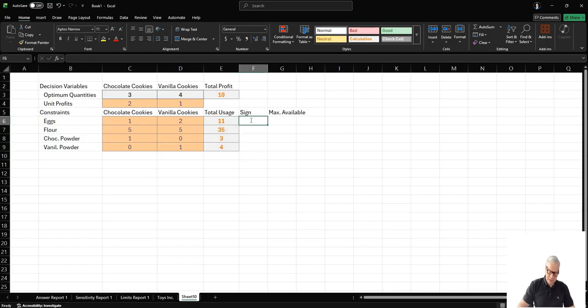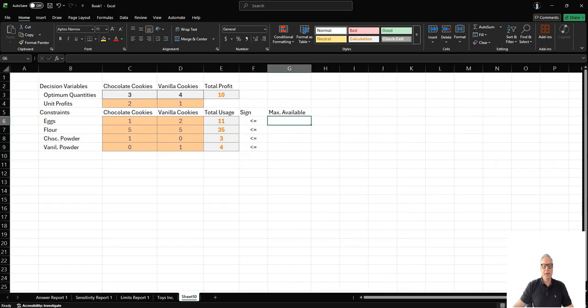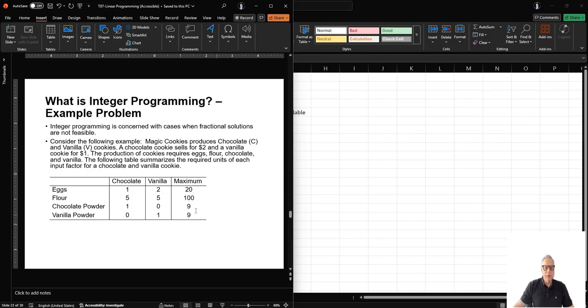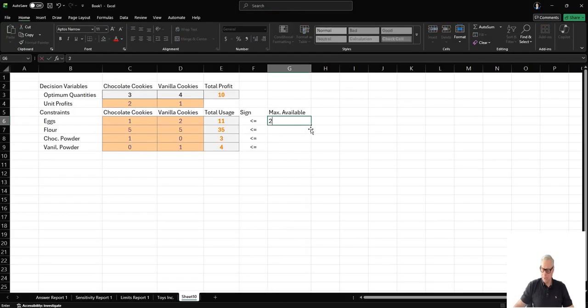Then the sign is always less than or equal. Let's copy this down. And the maximum available, I still need to look that up. 20, 199. And that is also an input.